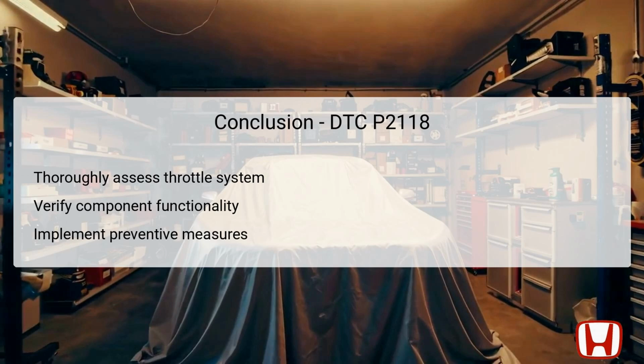If issues persist, carefully inspecting connectors and conducting specific continuity tests will help isolate problems that need addressing. Incorporating preventive maintenance practices will not only guard against the recurrence of such error codes, but also promote overall vehicle health and performance.